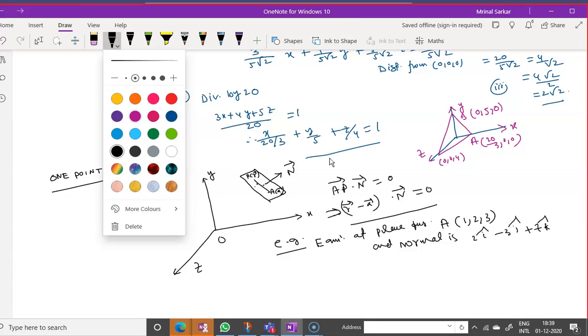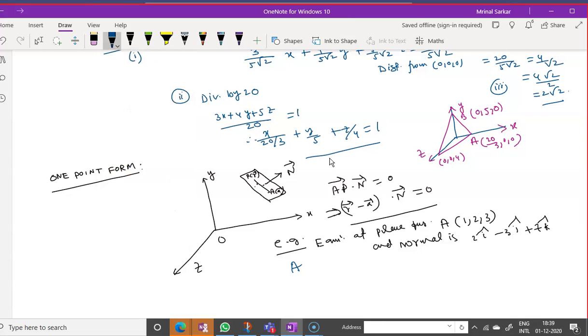The answer is going to be r minus a, dot n, where a will be i plus 2j plus 3k, because the point has a vector representation like this, dot 2i minus 3j plus 7k equal to 0. Okay.